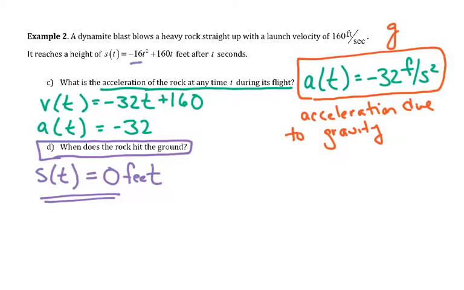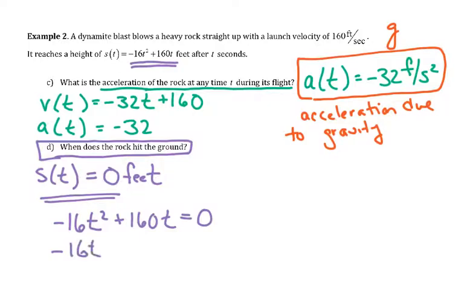So we need to take this and set it equal to 0. And again, this is quadratic, so I'm going to factor. First thing I'm going to do is factor out negative 16t. And that will give me t minus 10 in here.